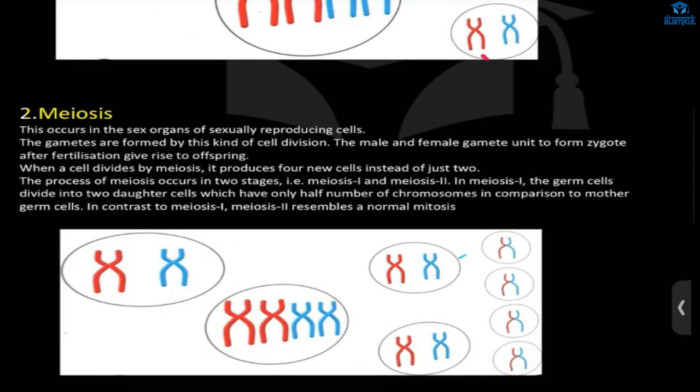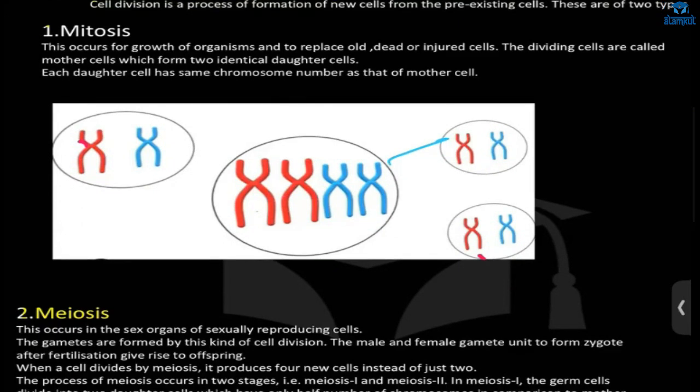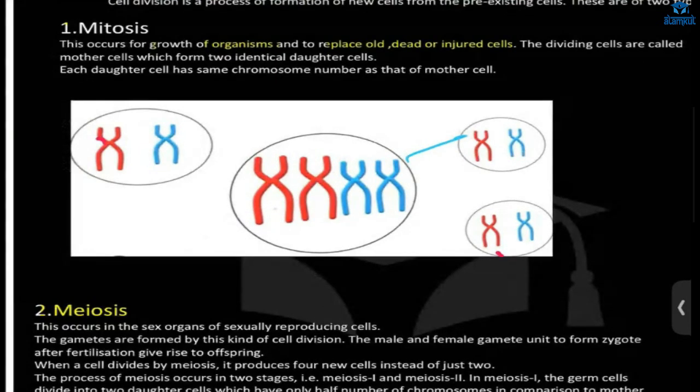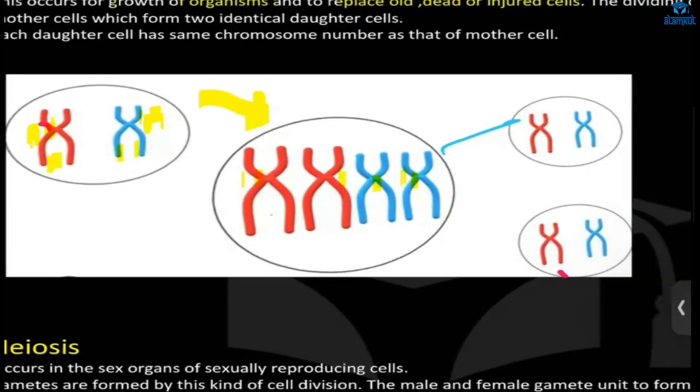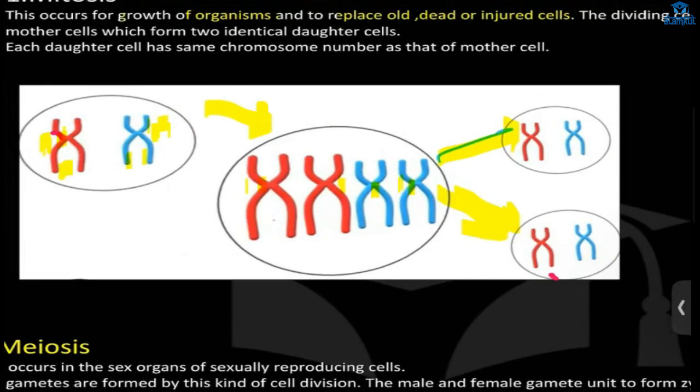Now let's see mitosis. This occurs for growth of the organism and to replace old, dead, injured cells. See, these are chromosomes. We are given only two chromosomes. They get replicated, then form two daughter cells.